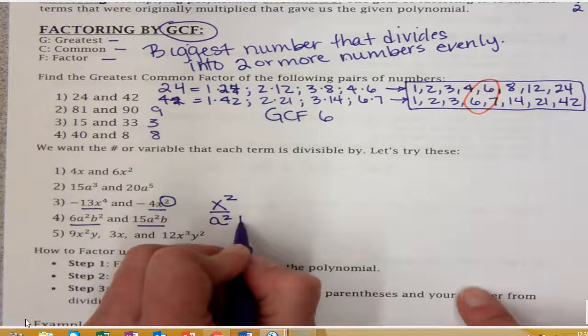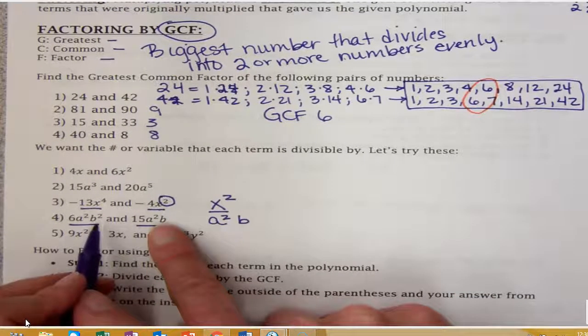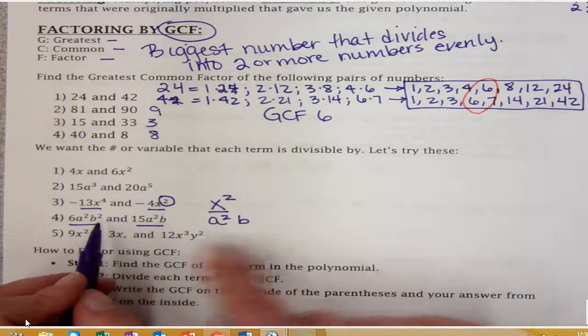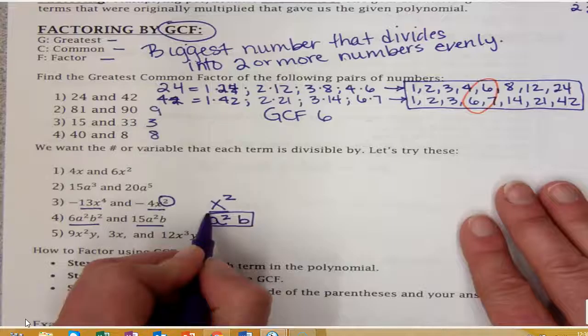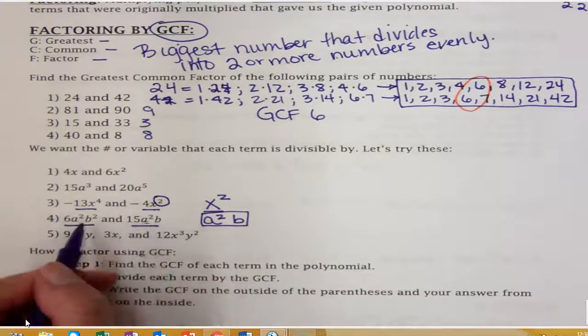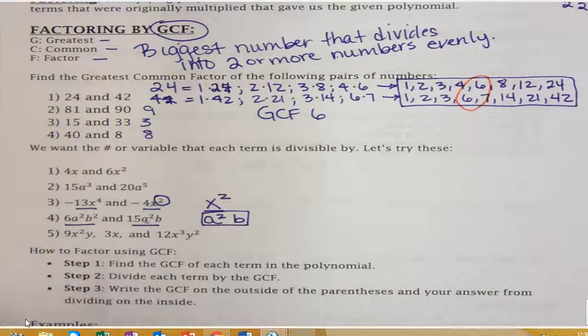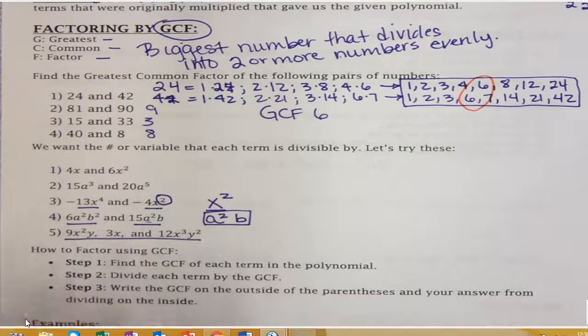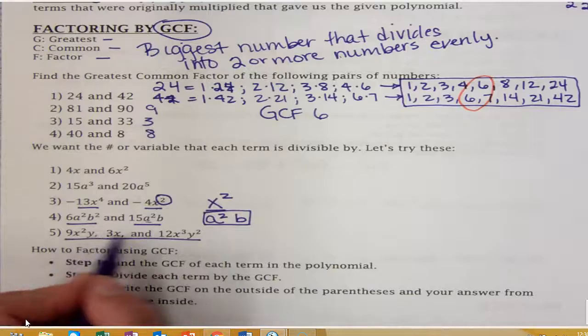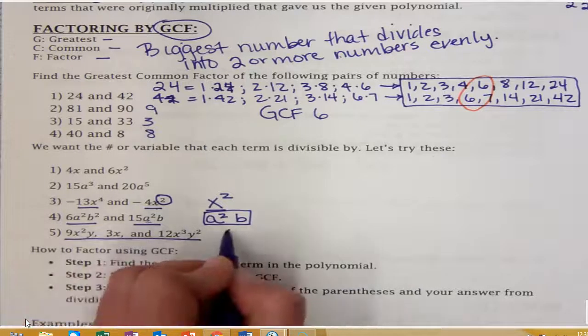The smallest b that is in both would be 1. I don't even have to put the 1 because we know that the 1 is implied. So this would be the greatest common factor among these variables. The greatest common factor among these would be, I can actually take out a 3.